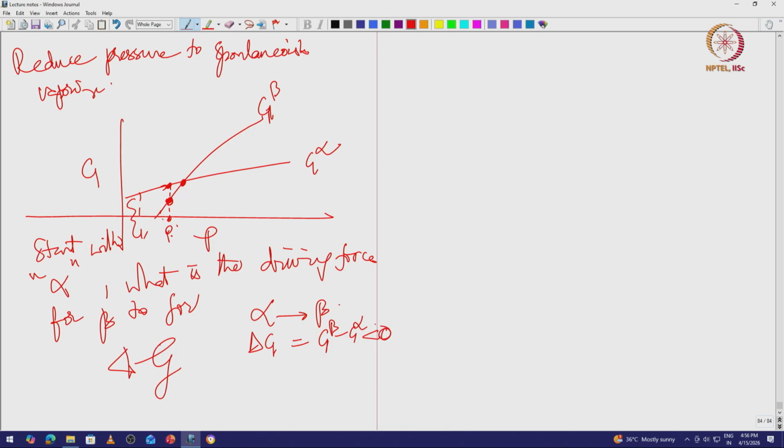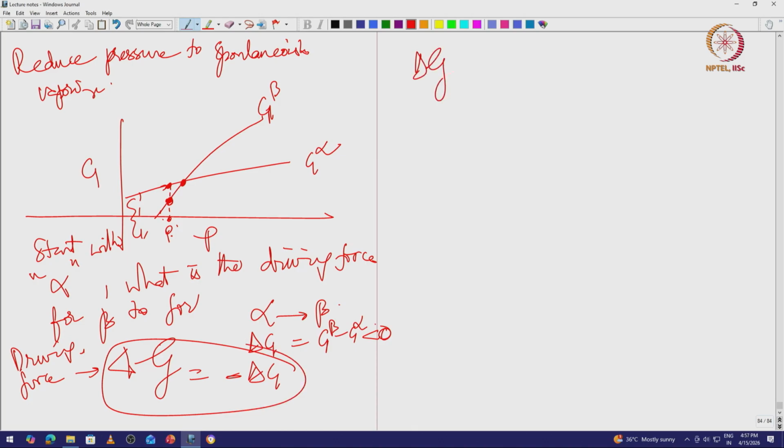So, it has to transform to beta phase, and I am going to define a driving force as delta script g equal to minus small delta g. I want to make the driving force to be positive, right. When delta script G is positive, the reaction proceeds or the phase transition occurs, right, and I am just going to define it as minus delta g, and this is g beta minus g alpha.